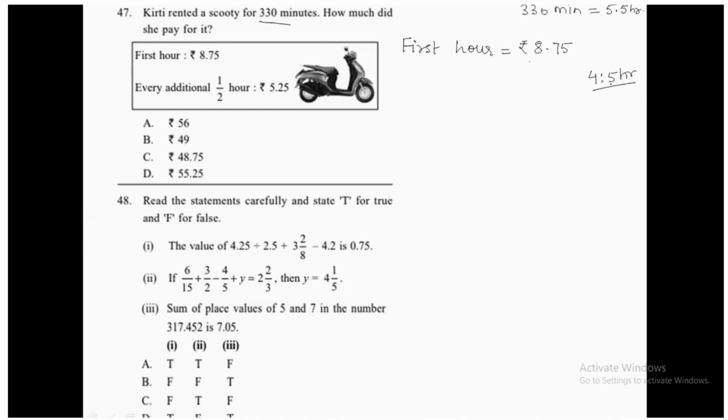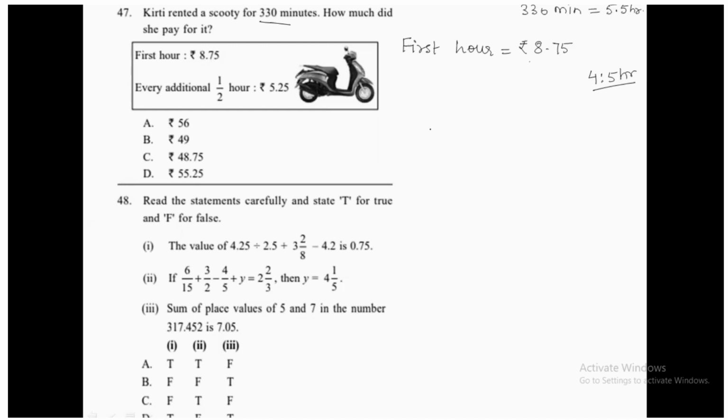If 4.5 hours are given over there, first we will find how many half hours are there in 4.5 hours. In 4.5 hours, there are 9 half hours.